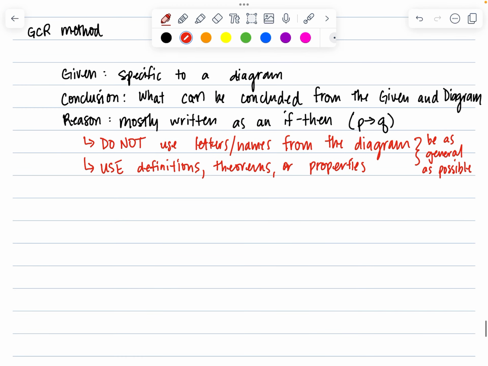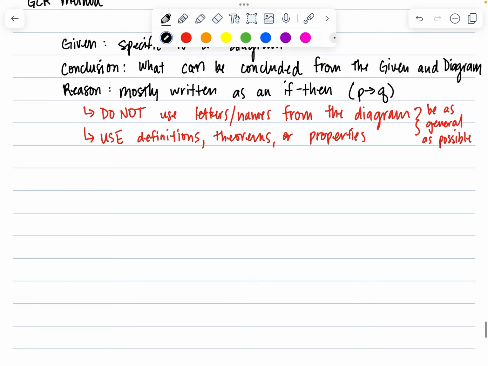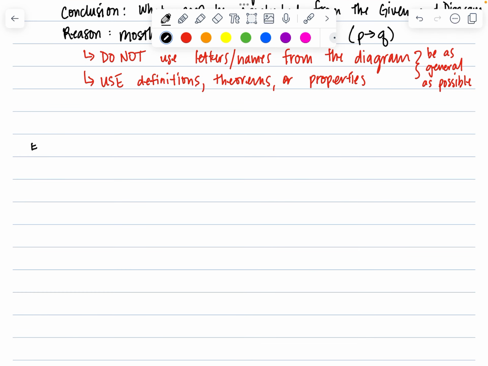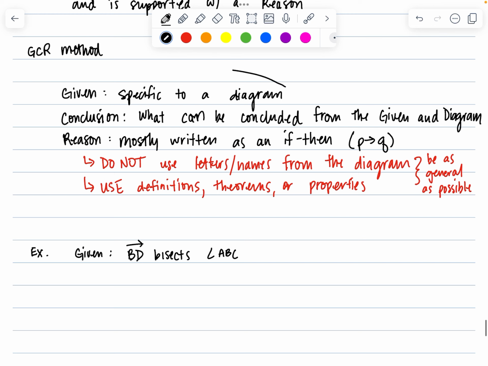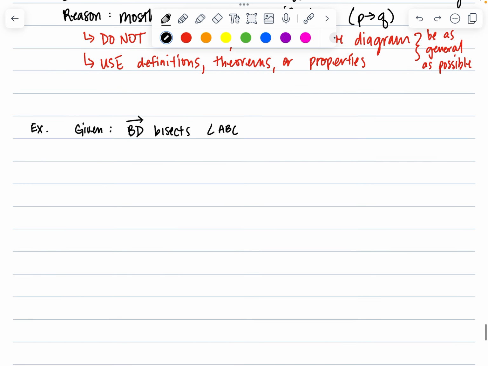So, let's get into it. Let's do one example of a GCR. Call this one-step proof. Okay, given ray BD bisects angle ABC. Now, if you recall, givens are specific to a diagram, and currently we do not have a diagram.